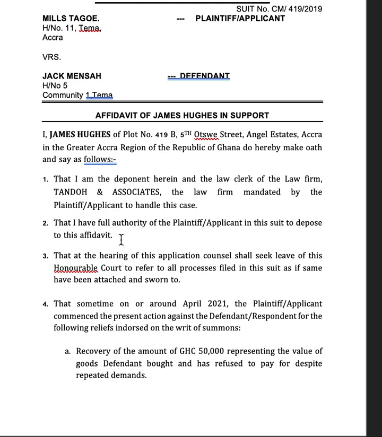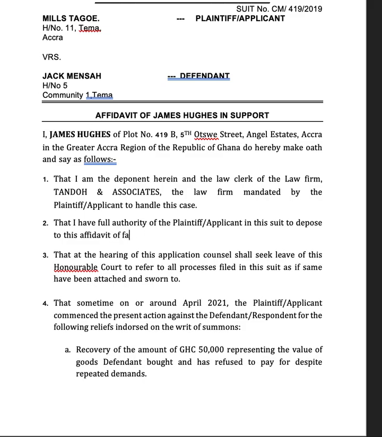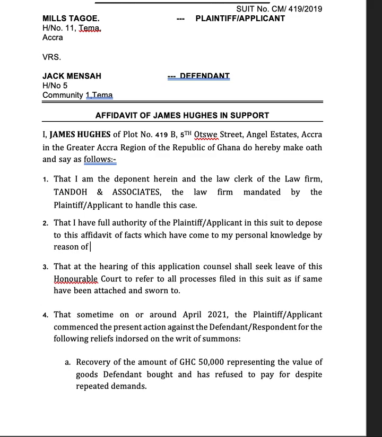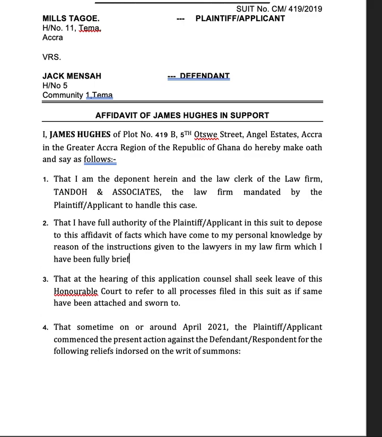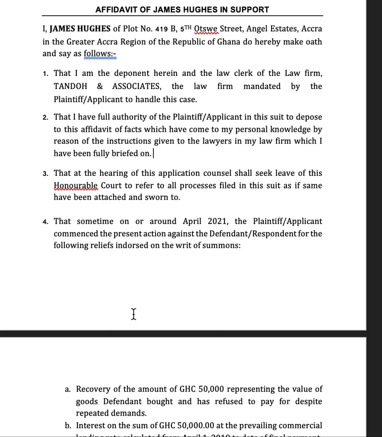That I have the full authority of the plaintiff applicant to depose to this affidavit of facts which have come to my personal knowledge by reason of the instructions given to the lawyers in my law firm, which I have been fully briefed on. 3.